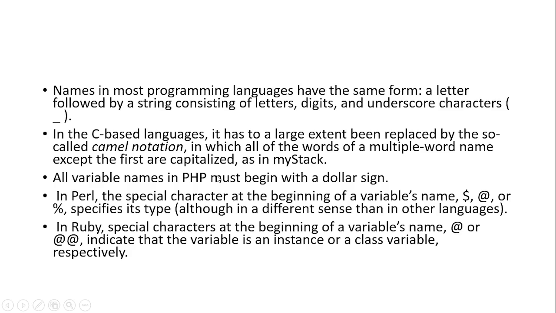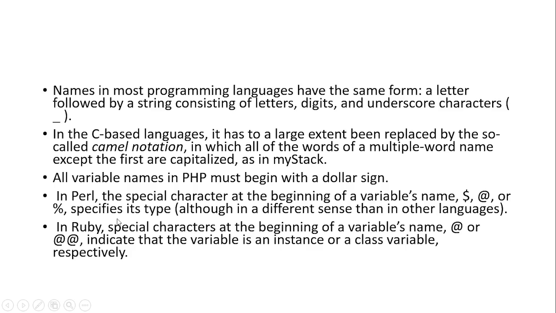And all variables in PHP must begin with a $ sign. And in Perl, the special character at the beginning of a variable's name, that is dollar, then at the rate or this percentage, specifies its type, although in a different sense than in other languages.